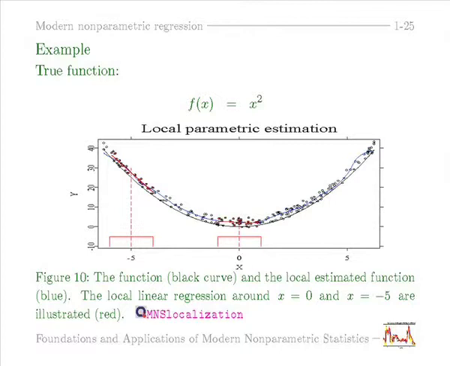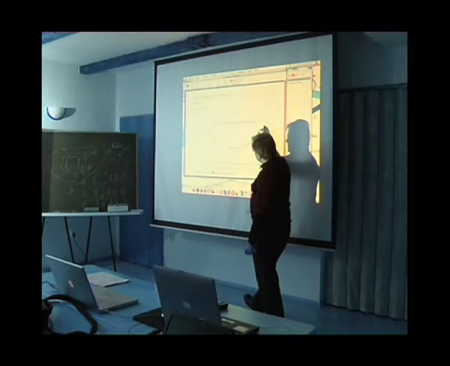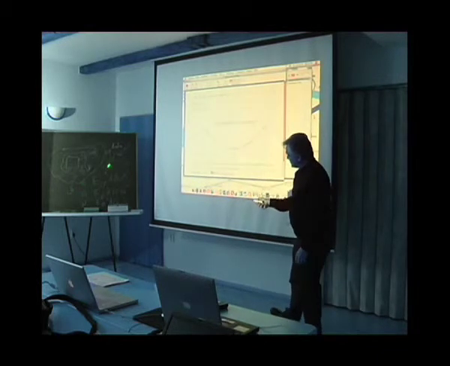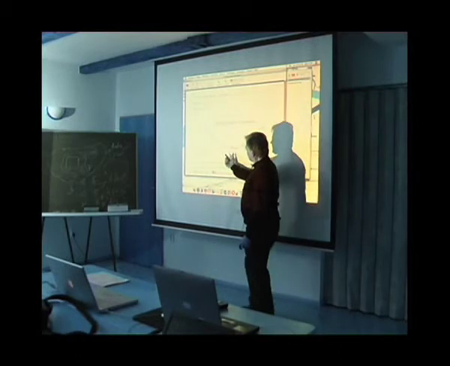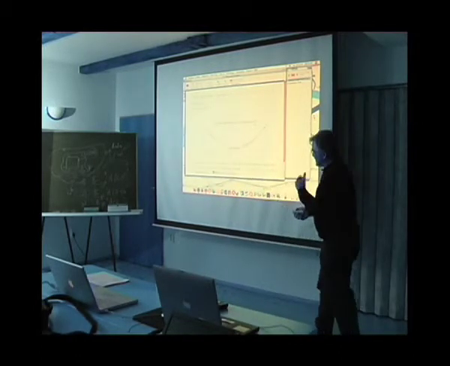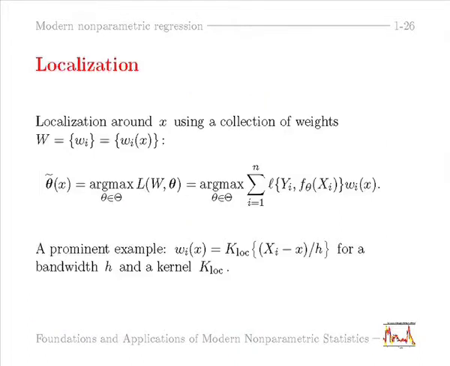So for each x, I can try to model the complex. Complex means I'm out here. I'm trying to model it with something lower dimensional, in this case, a parametric linear function. Here it is shown for x equal to 0 and x equal to minus 5.